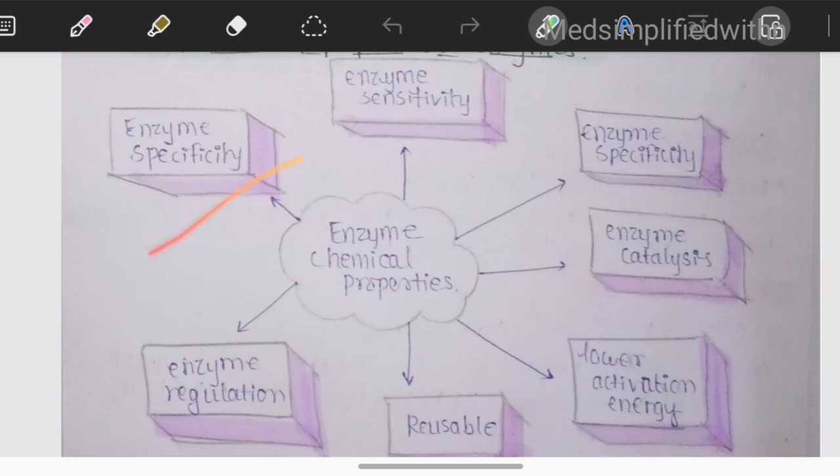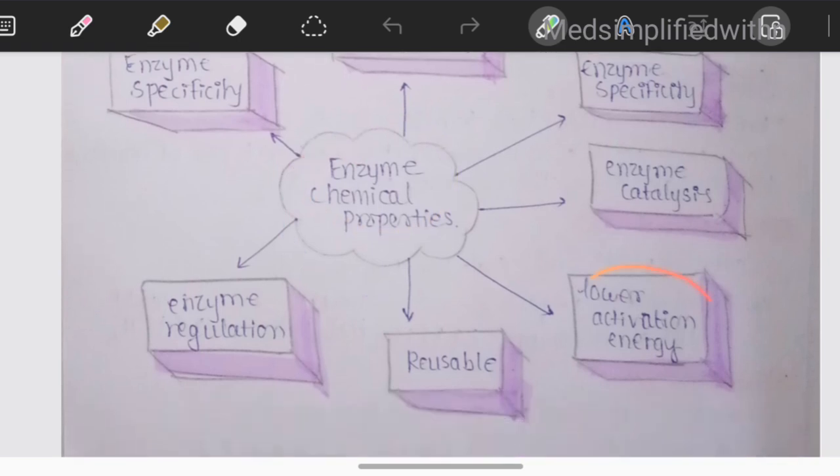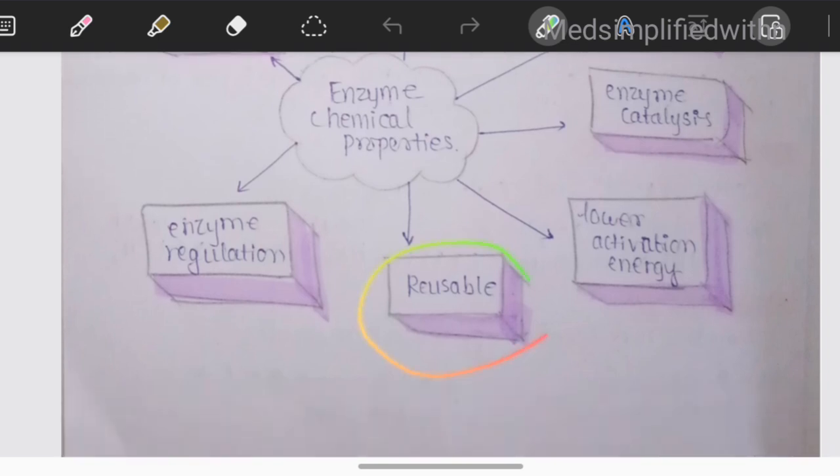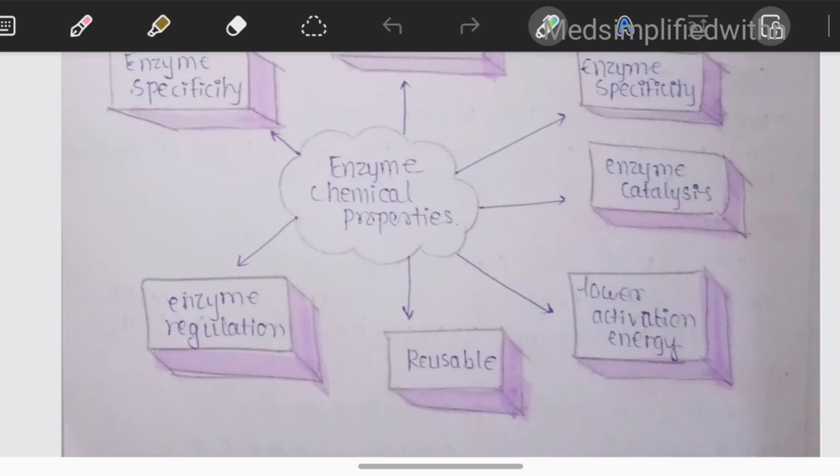Specificity means any specific reaction requires that specific enzyme only, not others. And then lower activation energy we'll see in further videos, and enzymes are reusable; they are not wasted after one use.